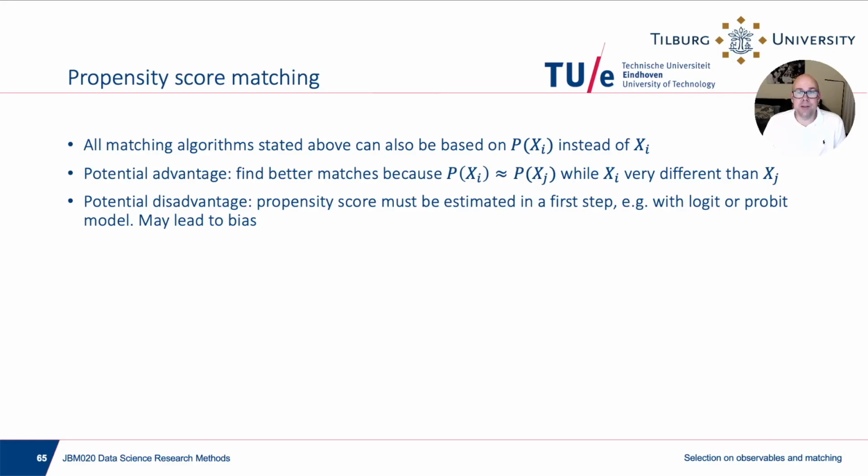A potential advantage is that you can find better matches, because it could be that p of x_i is similar to p of x_j, while x_i is very different from x_j. A potential disadvantage is that you have to estimate the propensity score in a first step, for instance with a logit or a probit model, and this may lead to bias. But I would say that in many cases, the advantages are more important than the disadvantages.